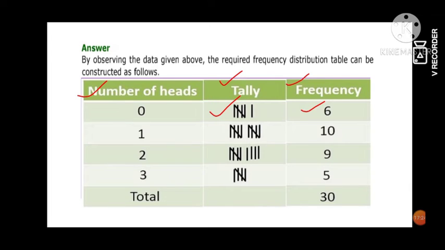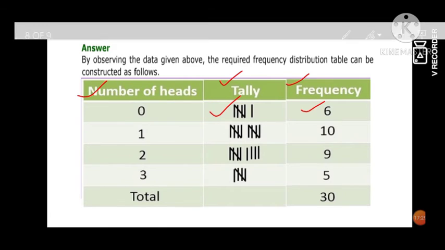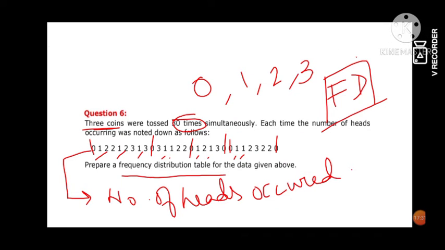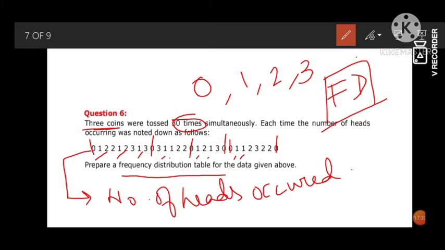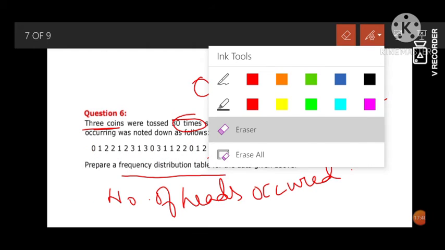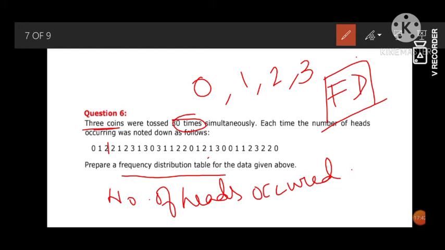Then let us see heads occurring as 2. So 1, 2, 3, 4, 5, 6, 7, 8, 9.